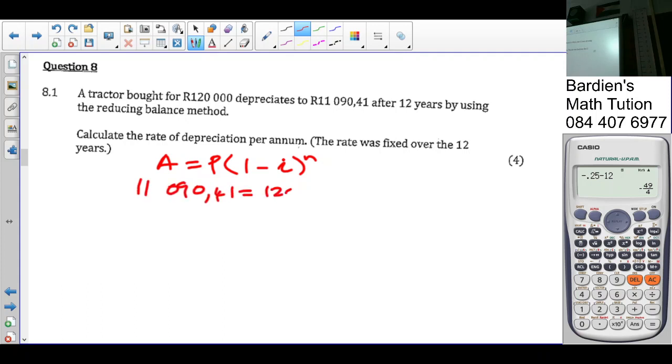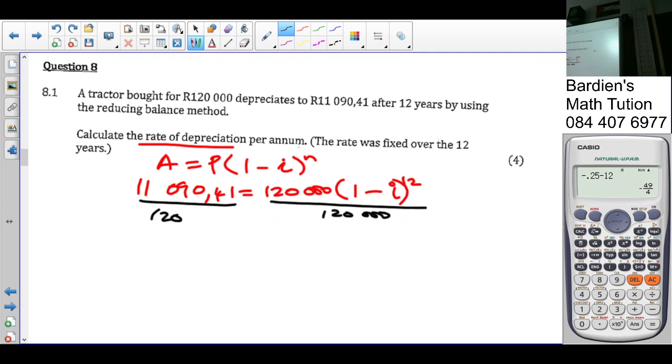Your P value is 120,000 into 1 minus i. You're calculating the rate, so it's i I am calculating in this case. And for how many years is this? 12 years. So what do I do now? Divide by 120,000 both sides. So that cancels.